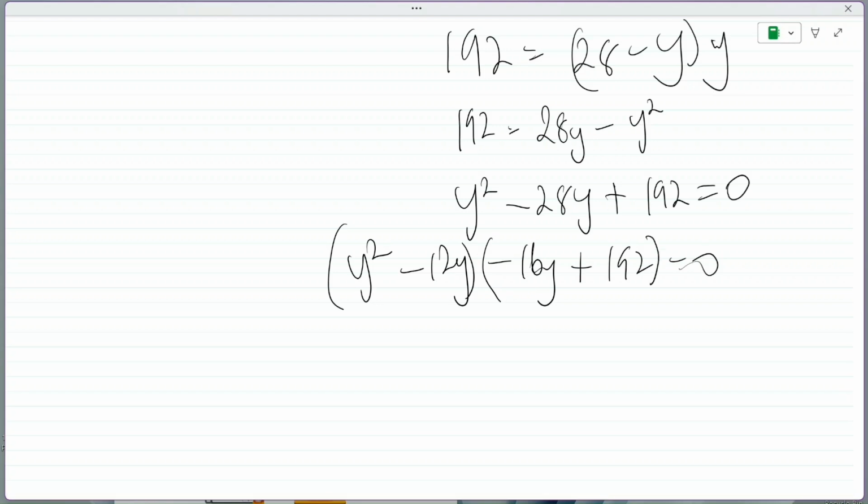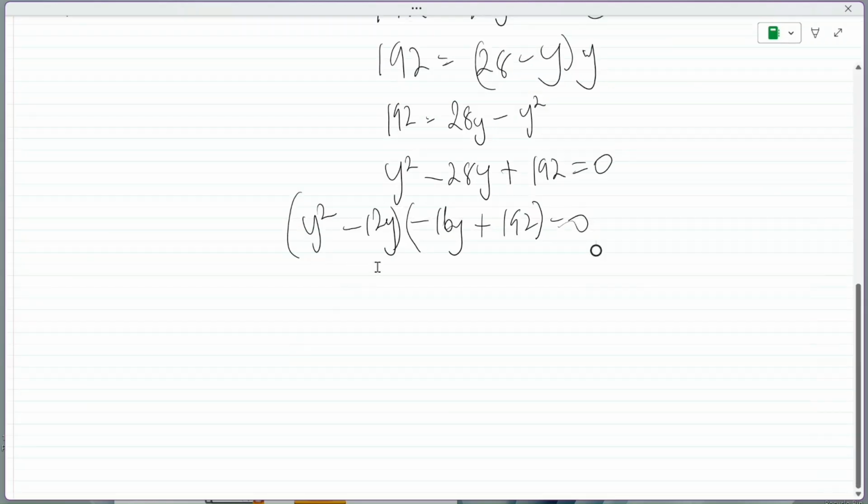Then you have this. What's common in y squared and minus 12y? You have y. You'll be left with y from the y squared, minus, you take the y from 12y, you'll be left with 12. And on this side, we have 16 common in both of them. You don't just take out the 16, you take it with the negative, because you want to get this same value.